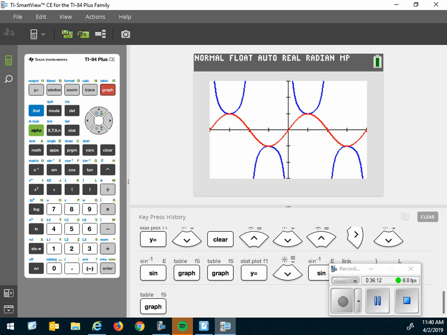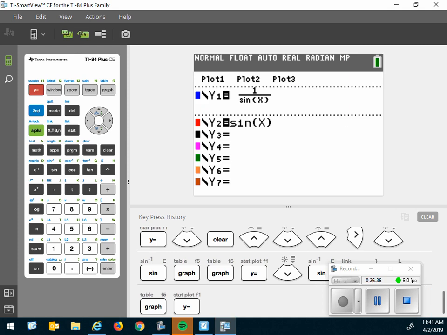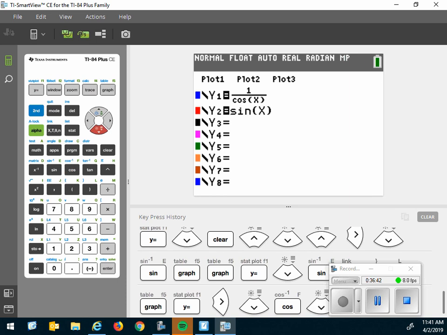What kind of symmetry does cosecant have? Origin or y-axis? It's going to have the same symmetry as sine does, which is origin. So cosecant has origin symmetry. Let's go back because that's the one I forgot to do.